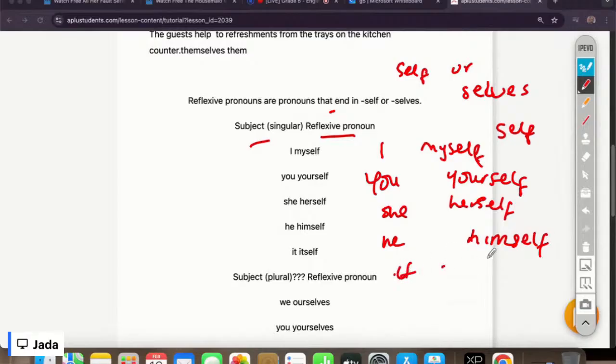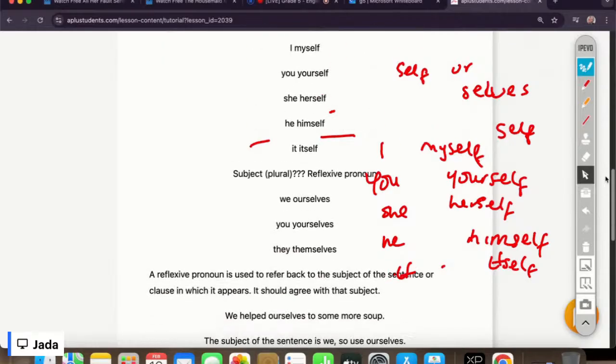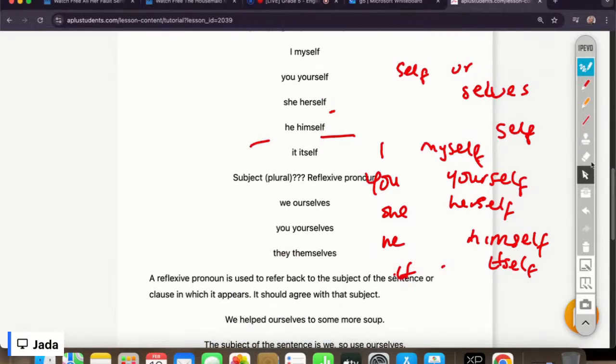Then it, itself. Okay, so here we have I as myself, you yourself, she herself, he himself, and it itself. These are the singulars, and they usually are the ones that end with self.